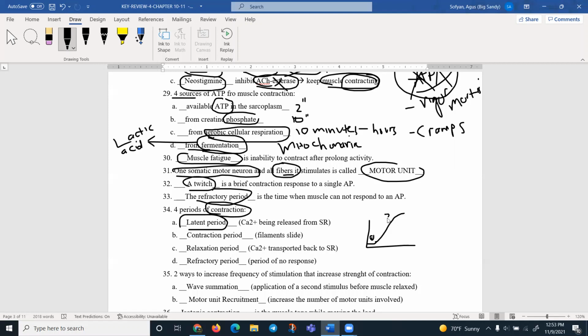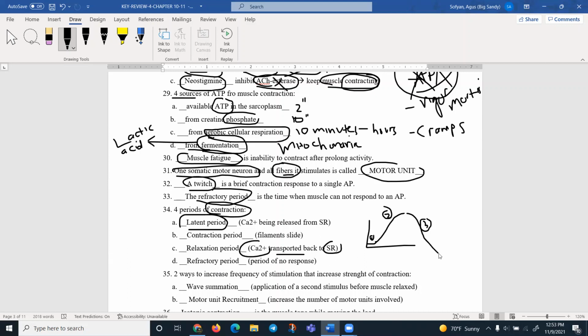This is number 2. This is when the sliding filament is happening. And then the relaxation period is number 3 over here. It's about 10 seconds also. This is when the calcium will be transported back to the SR.